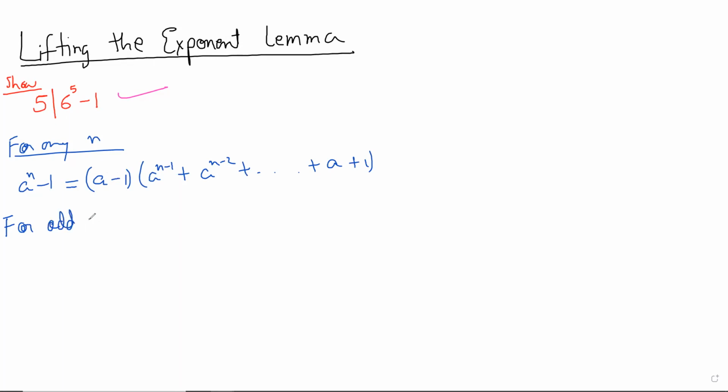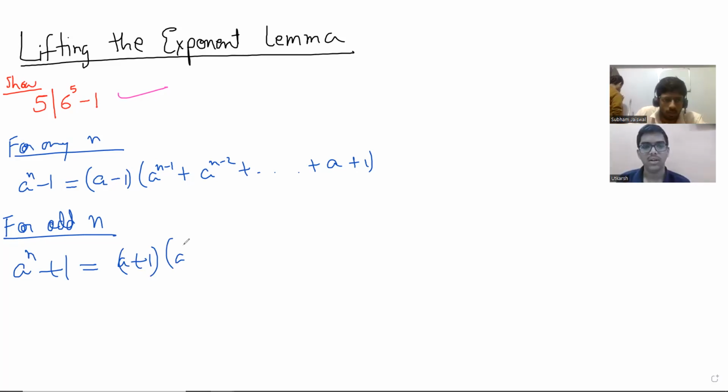For n odd, a raised to power n plus 1 can be factorized into a plus 1 into a raised to power n minus 1 minus a raised to power n minus 2 plus a raised to power n minus 3, and so on, alternating signs.